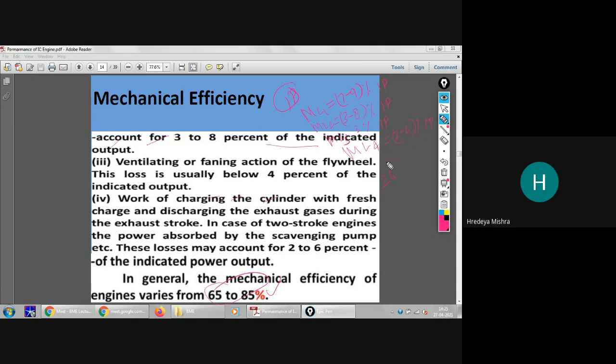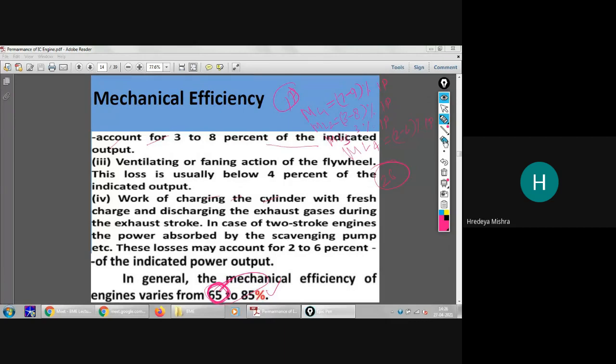So this is the maximum possible losses in percentage. So 26% is the reduction here. At least we need this much mechanical efficiency.